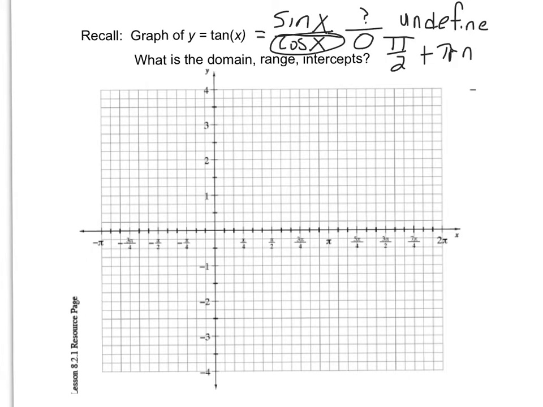So at pi over 2, the tangent function really has what's called a vertical asymptote. And at all of these multiples, so at pi over 2, at 3 pi over 2, 5 pi over 2, so on and so forth, or going the other direction, negative pi over 2.